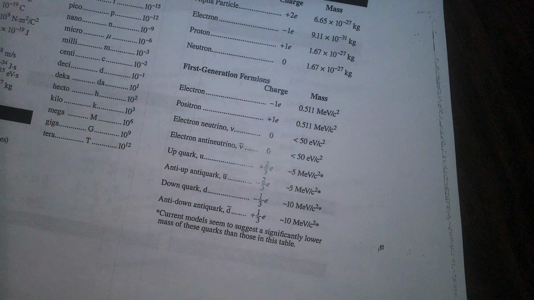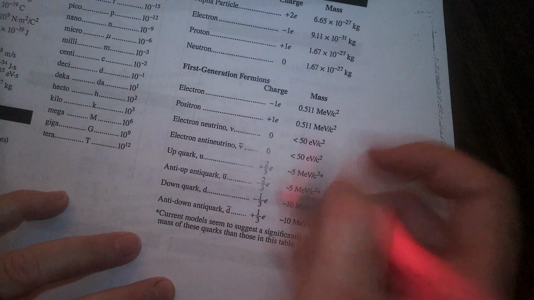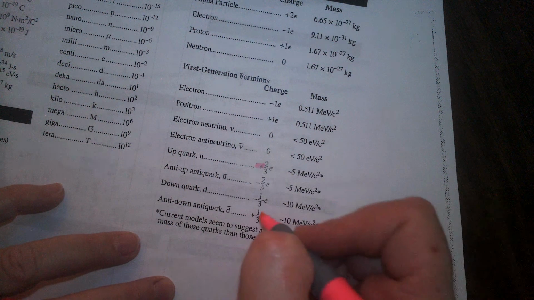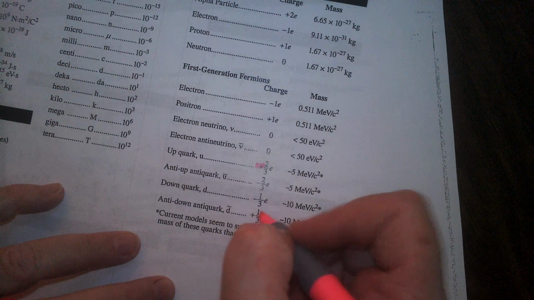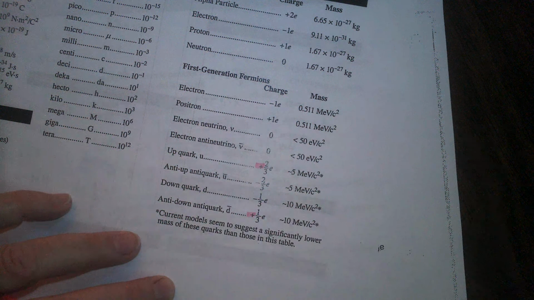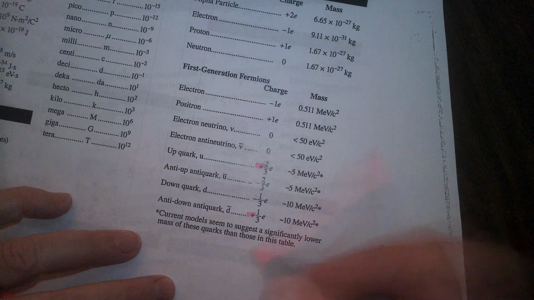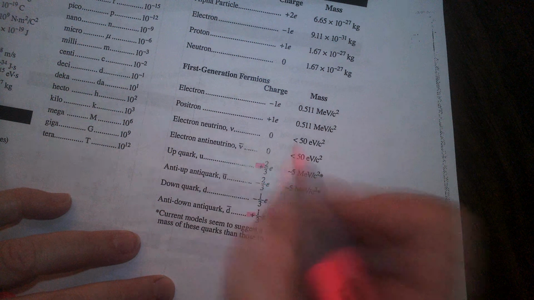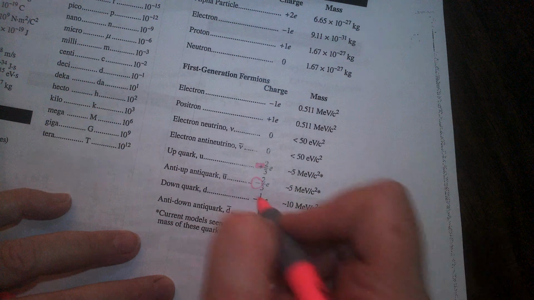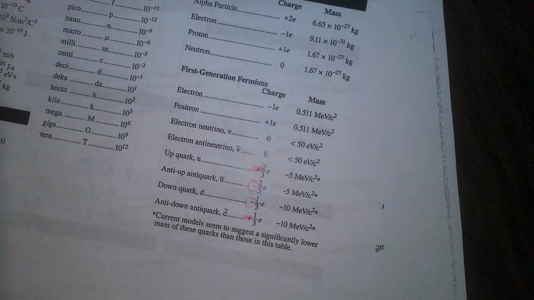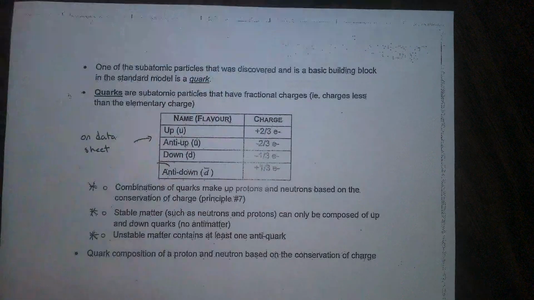Don't think up is positive and anti is negative. So an up quark is positive and an anti-down antiquark is positive. An anti-up antiquark is negative and a down quark is negative. Okay? So it's keeping everything straight.